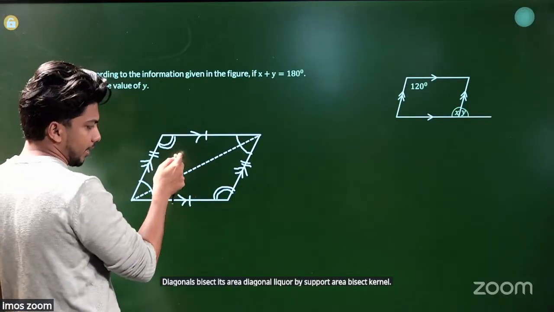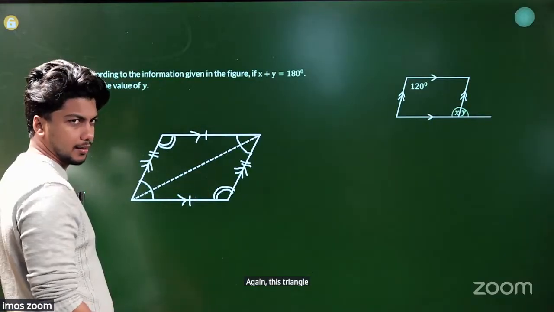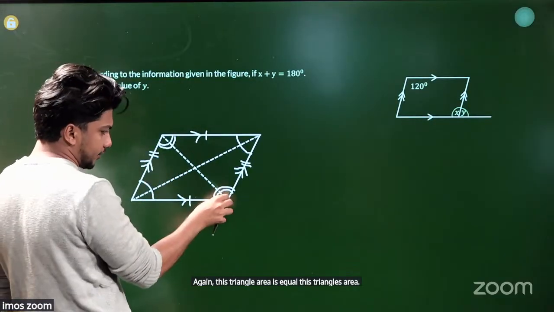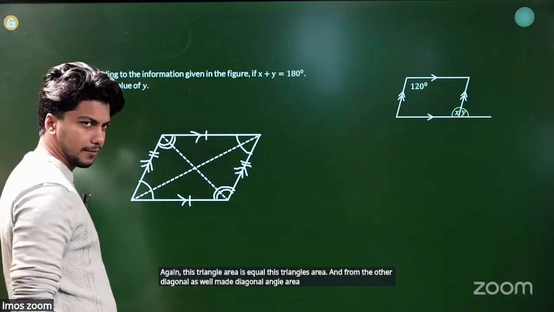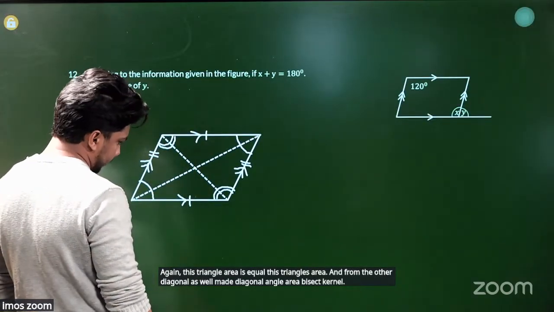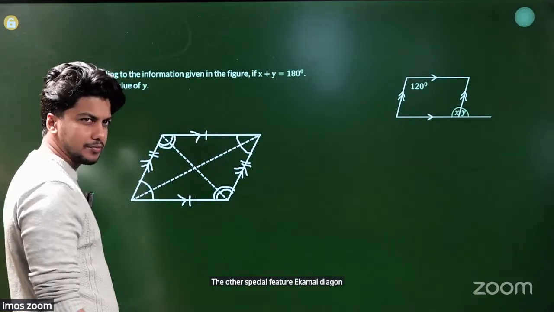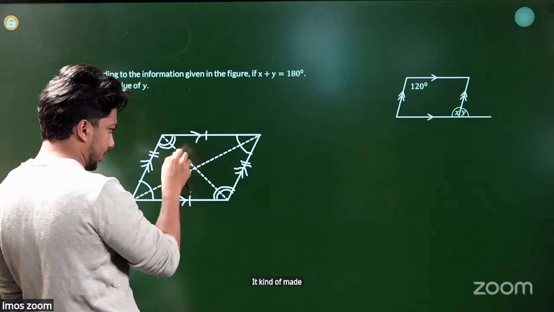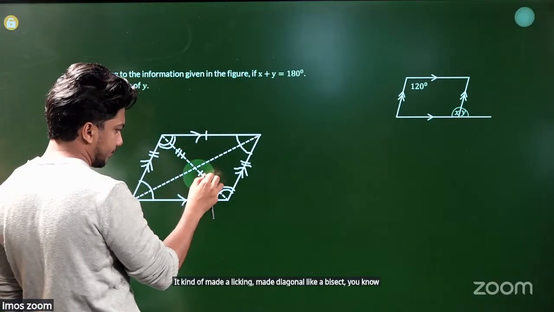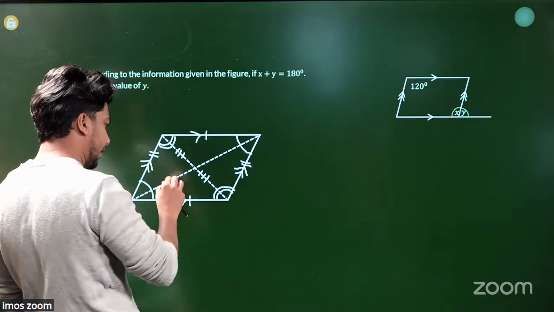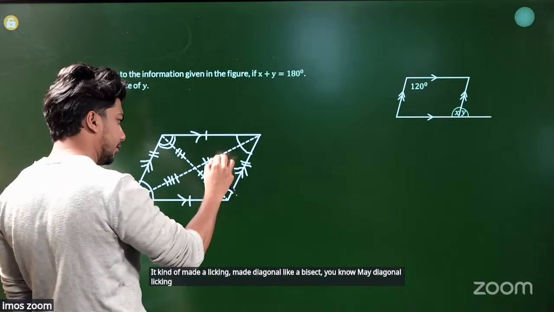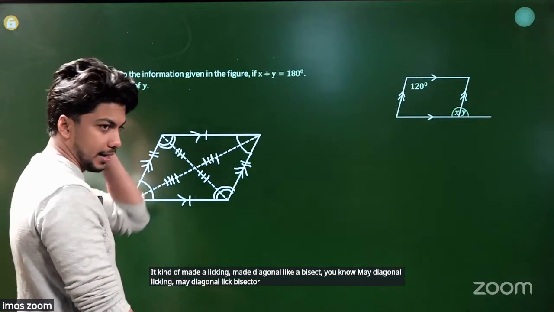That is, this triangle's area is equal to this triangle's area. And from the other diagonal as well, area එක bisect කරනවා. The other special feature is that diagonals bisect each other as well. Diagonals bisect each other.